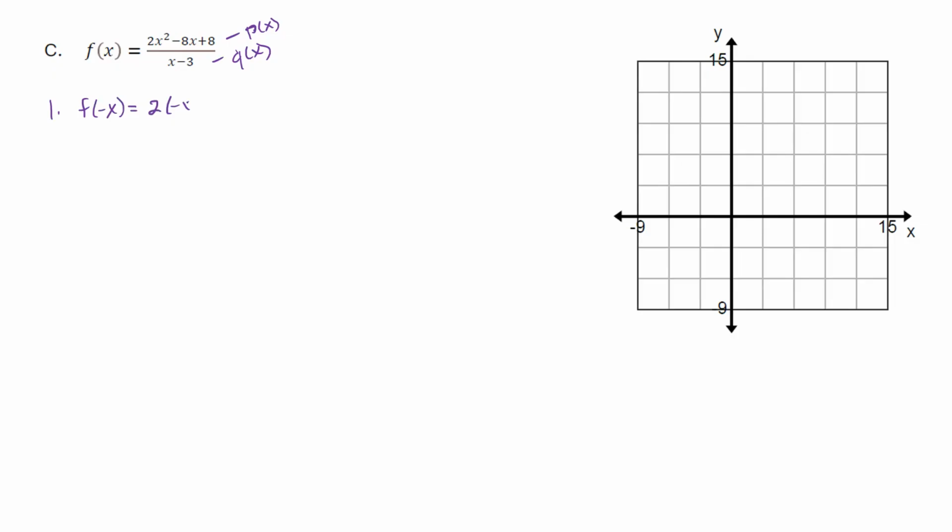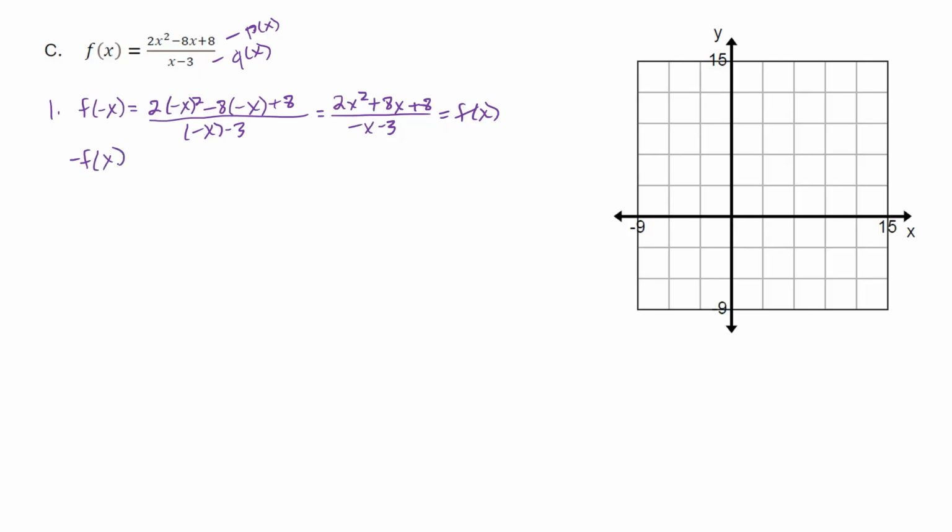So 2 times negative x squared minus 8 times negative x over negative x minus 3. That gets me 2x squared plus 8x over negative x minus 3. So we know that this does not equal f of x.